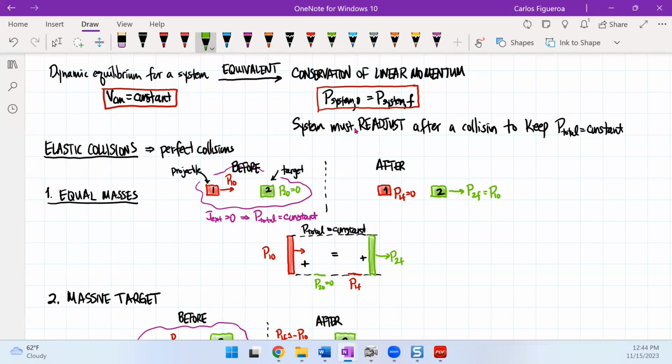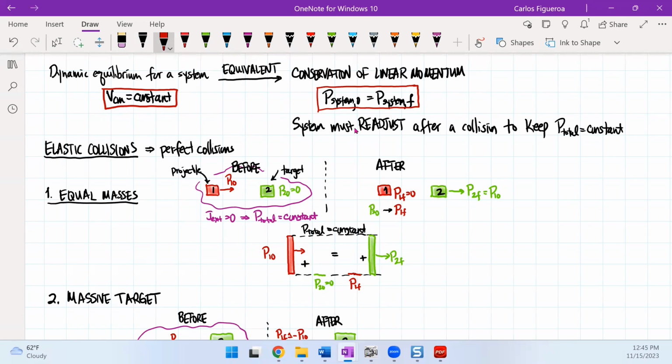So if you looked at the initial momentum of block 2, the initial momentum of block 2 is 0. So what you're seeing here is that this momentum gets transferred to the momentum in its final state.